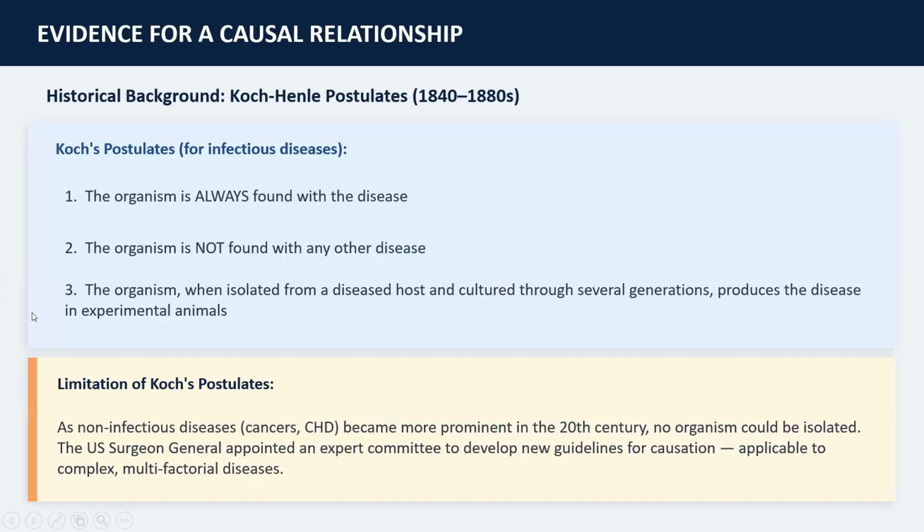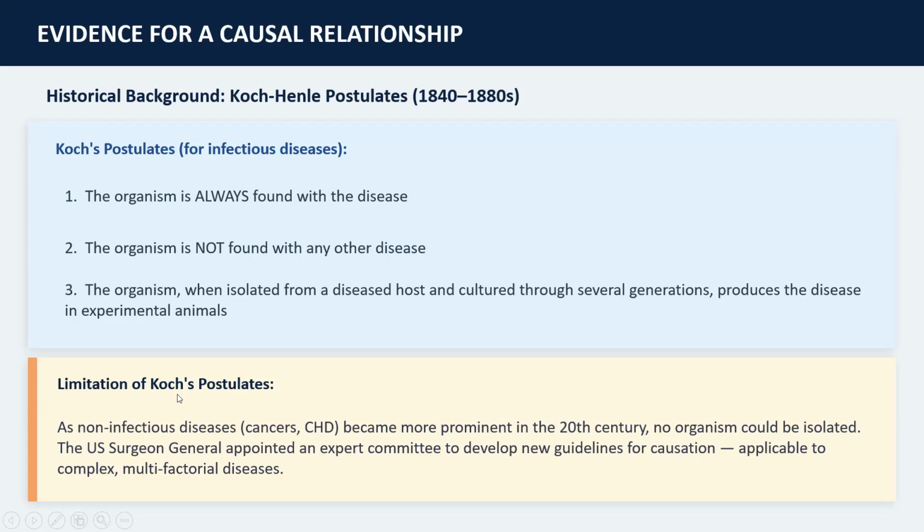Next is evidence for a causal relationship, called the Henle-Koch postulates, from 1840 to 1880. According to Koch's postulates for infectious diseases, the organism is always found with the disease. The organism is not found with any other disease. The organism, when isolated from the diseased host and cultured through several generations, produces the disease in an experimental environment.